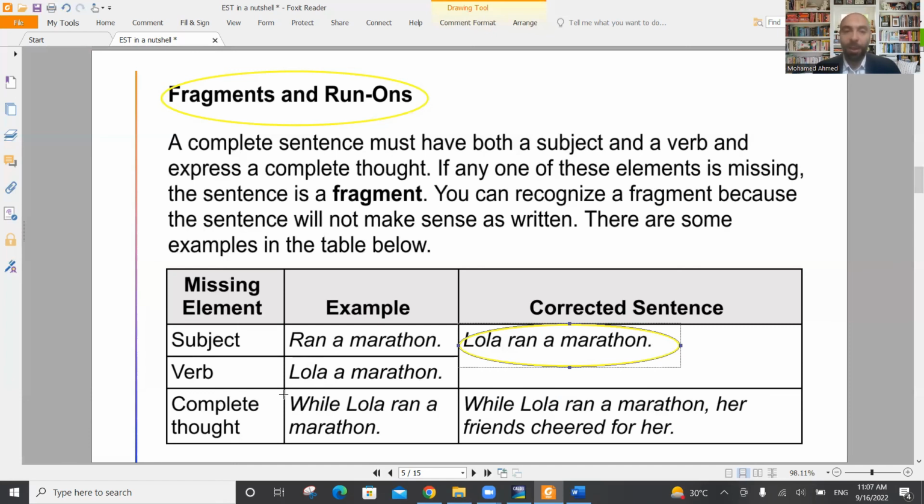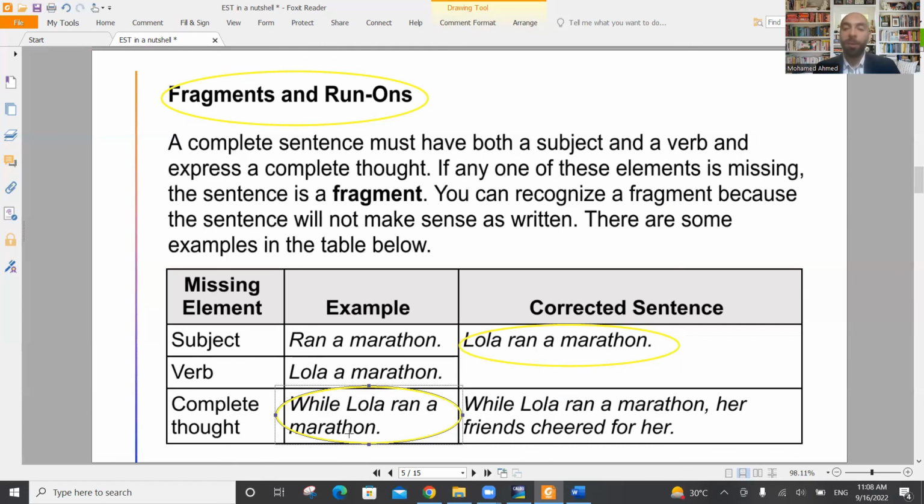We actually talked about that before, and we said that this type of clause is a dependent clause. Look at this example here. While Lola ran a marathon. So what happened? Adding the word while changed the independent clause into a dependent clause. In this case, it is not a sentence, and it is one of the errors that you have to know how to spot and how to fix.